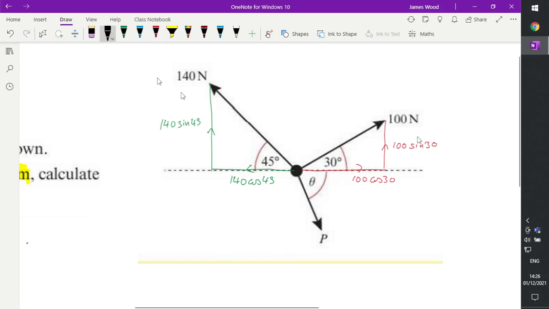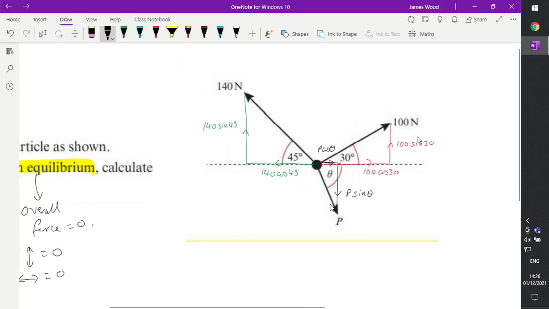And the last one, this P, we don't know what the value of P is, but we can still resolve it. It's got a force downwards of P sine theta. And it's got a force across of P cos theta. Okay.